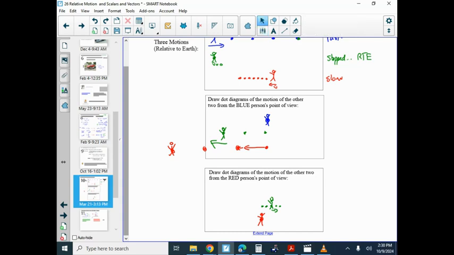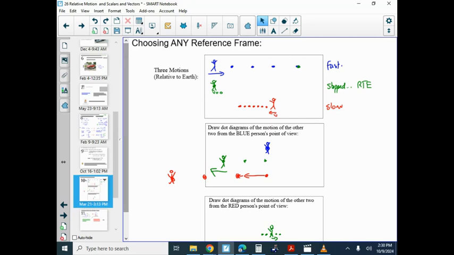And then what about the blue person? So this is just something that you need to be able to think through, right? So with the blue person, from the red person's point of view, what's the blue person doing? So red person was going that way, they're going the opposite way. So I guess they'd be adding up basically, right? So the distance this person goes combines with the distance you go the other way, and so they're going to be double, right?